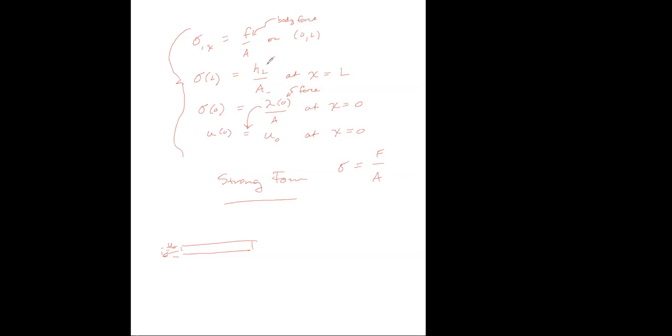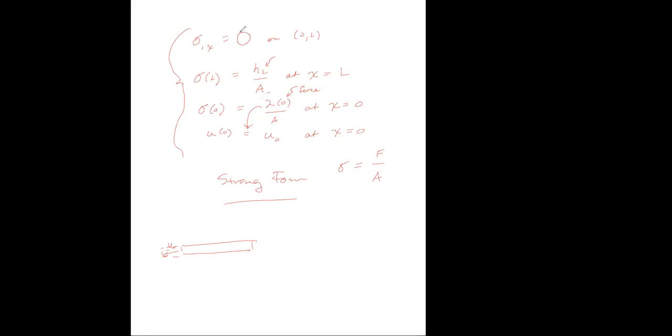Okay. This guy right here is the force you normally see in strength of materials. So normally in strength of materials, we assume that the body force is 0. Now look what happens if the body force is 0. Then all of a sudden you know something more about your equation. And this is why they do it in introductory.